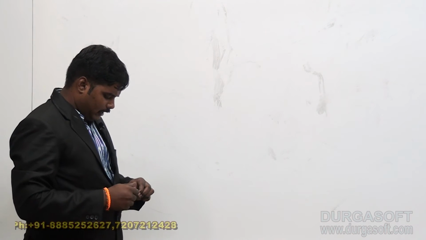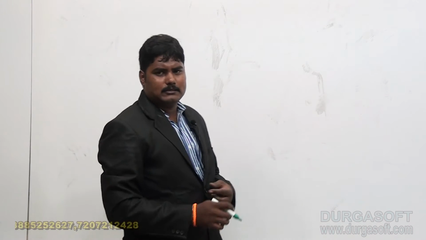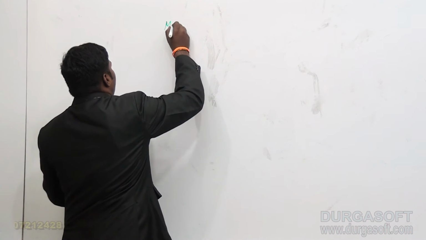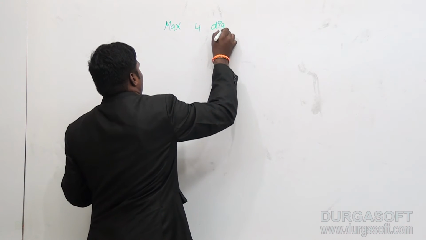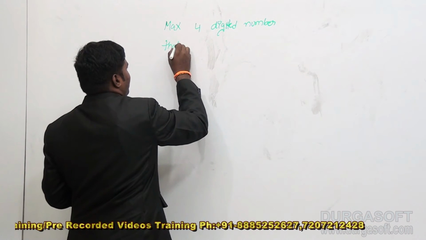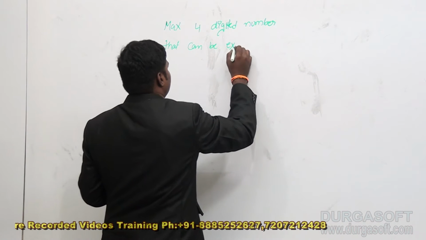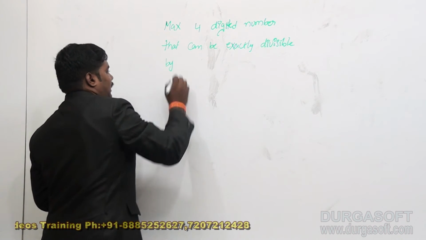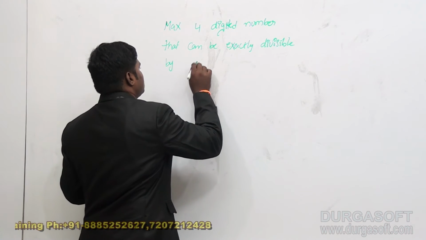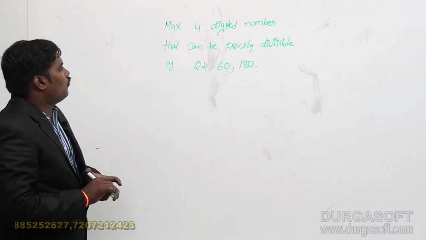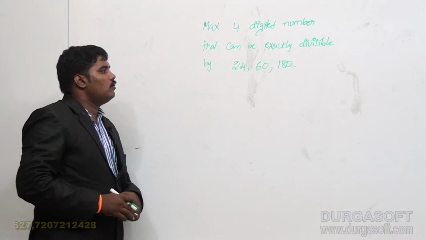Now I will give some examples. What is the maximum 4-digit number that can be exactly divisible by 24, 60 and 180?